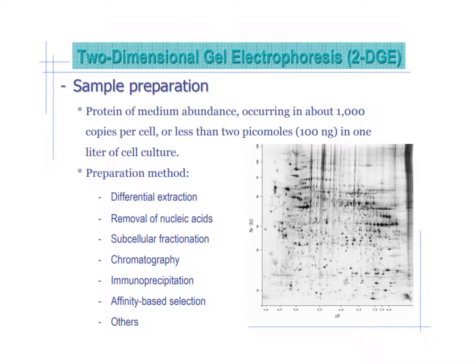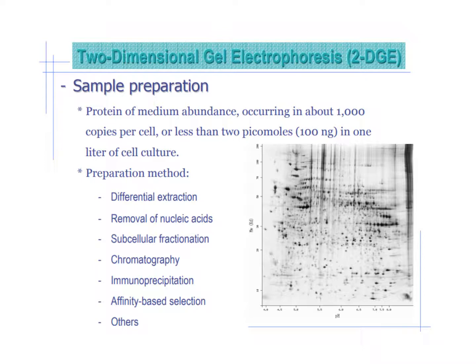And it talks about the level of detection, about 100 nanogram or 2 picomoles in 1 liter of culture. So this is medium abundant proteins, and you can do all sorts of different purifications, extractions, get rid of the DNA, RNA.